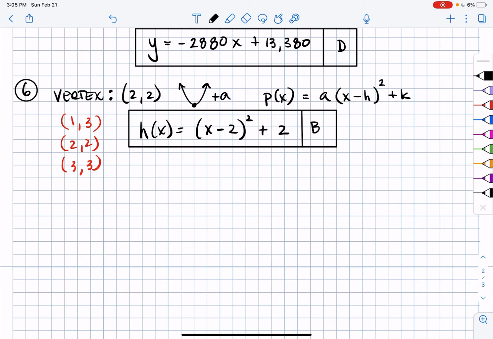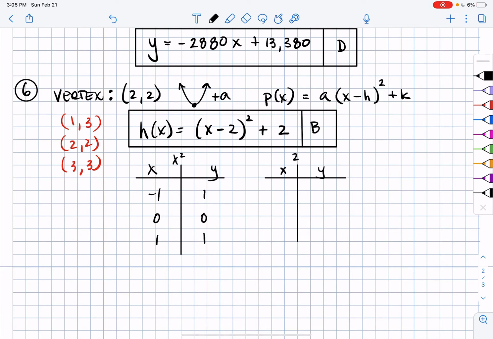Okay, so let me do it this way, just so that you guys can see, for the sake of people who are watching the video. If I have just a typical x squared, and I use, let's say, negative 1, 0, 1, which is my typical parabola, this would be 1, 0, and 1. But let's say that I have 2x squared.